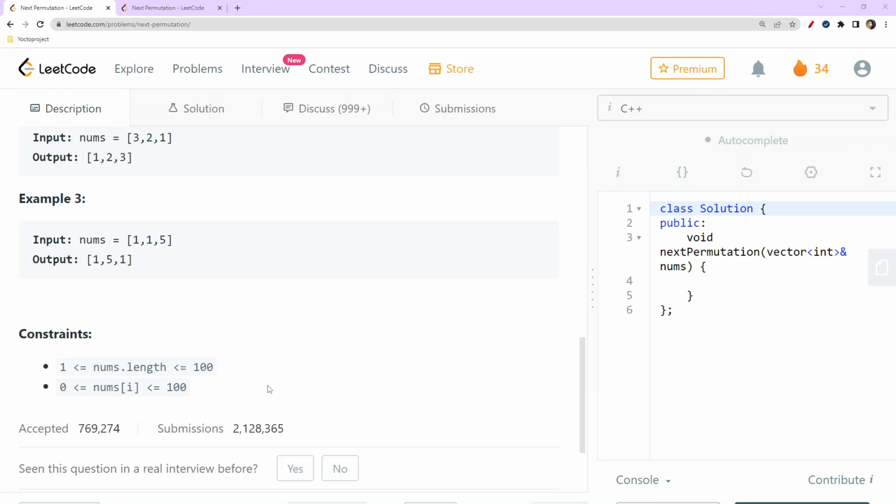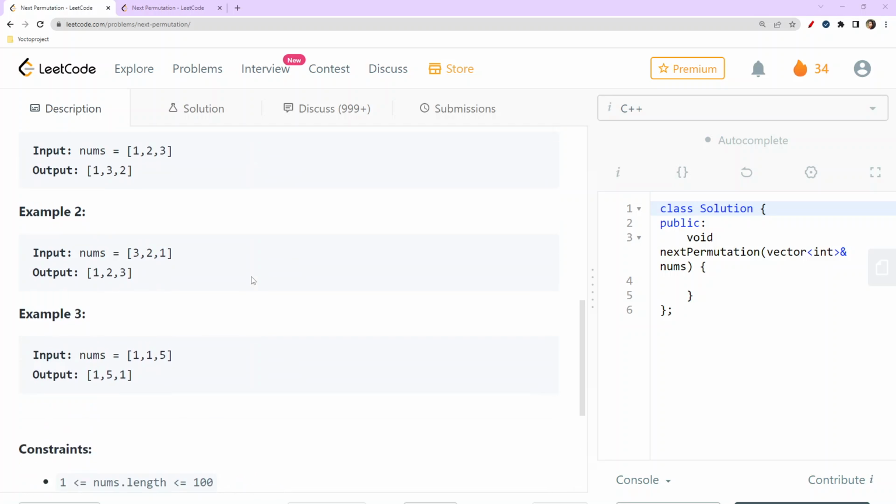As per the constraints, we could also use recursion here, and it could even go to a time complexity of 2 raised to power n. It might be, but it can go up to exponential. The constraint is 100 only.